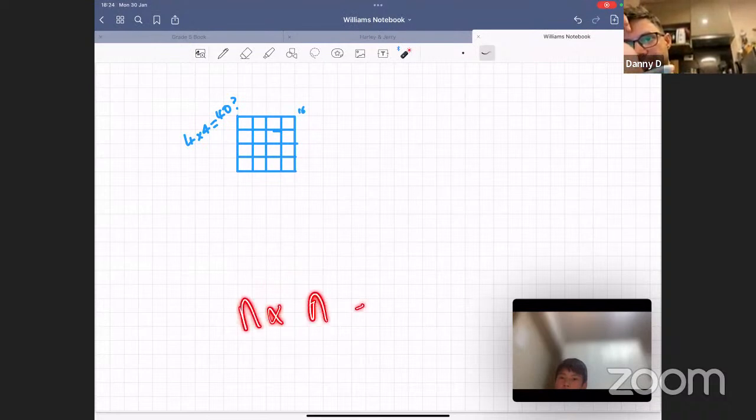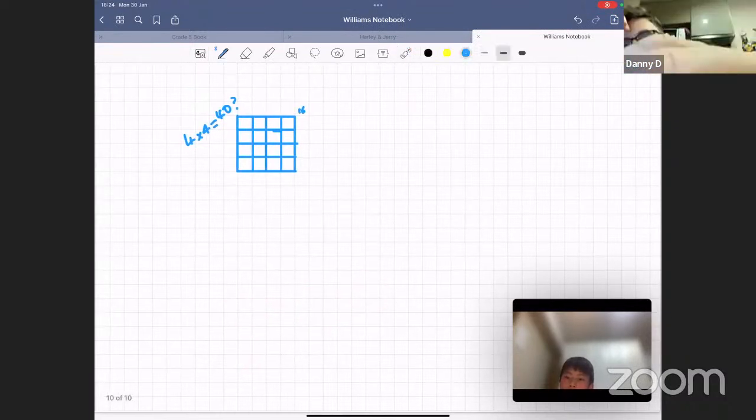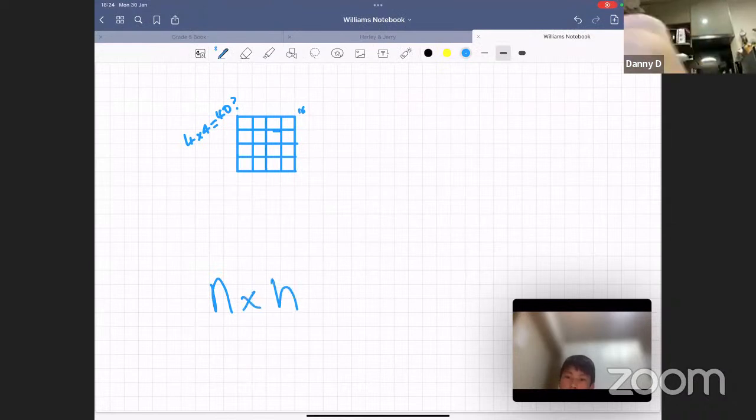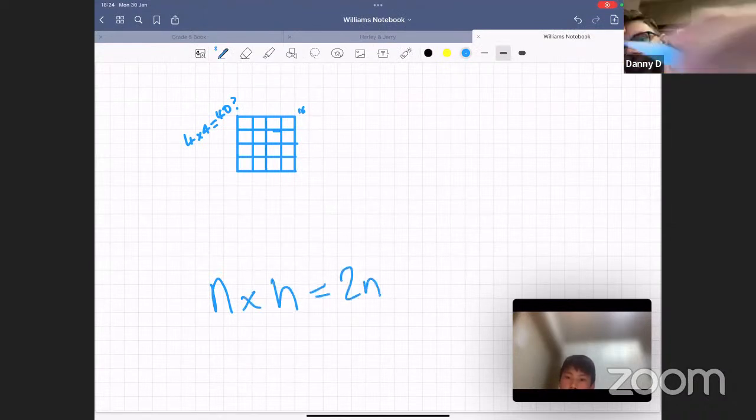N times n equals... I think it's going to be something like a formula, right? N times n equals 2n plus a number. I legit think it's going to be like that.